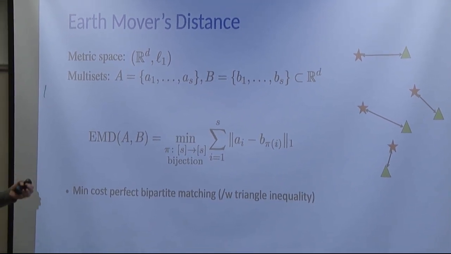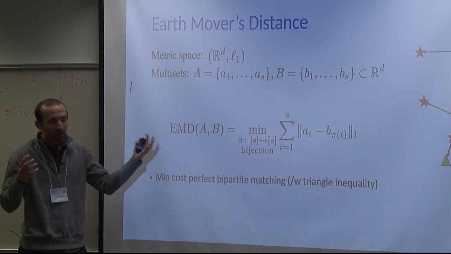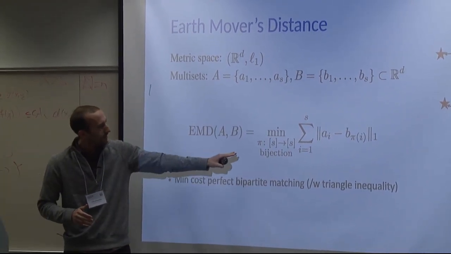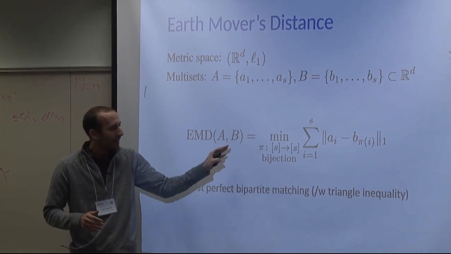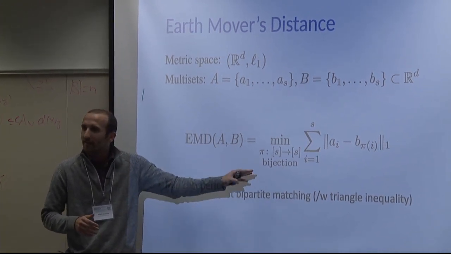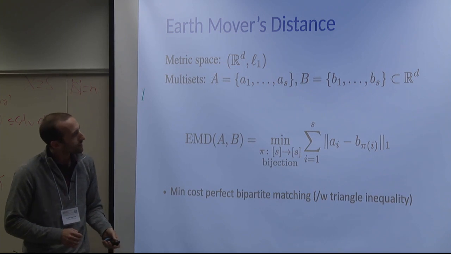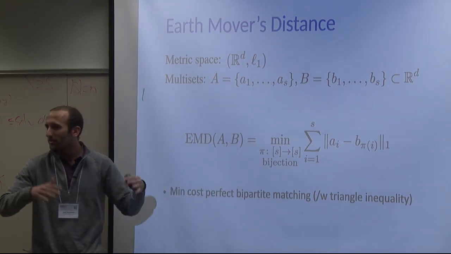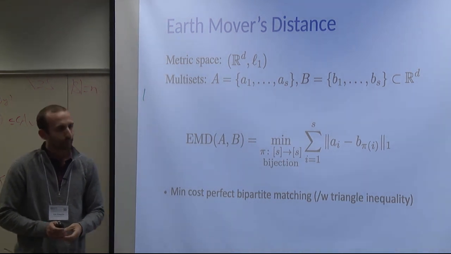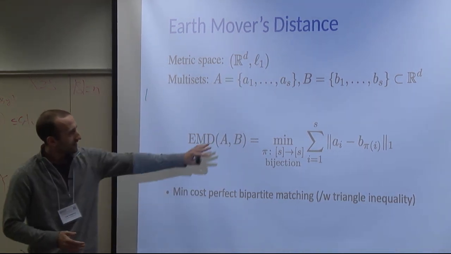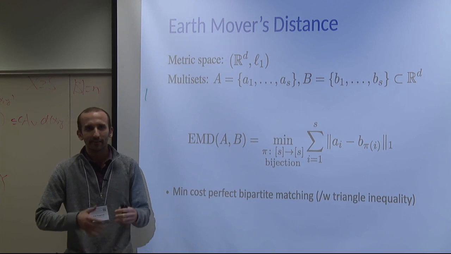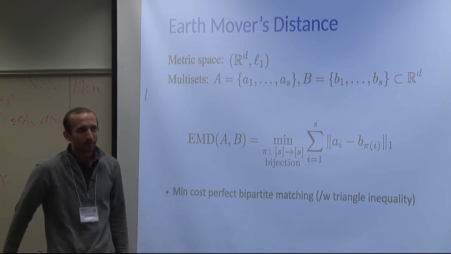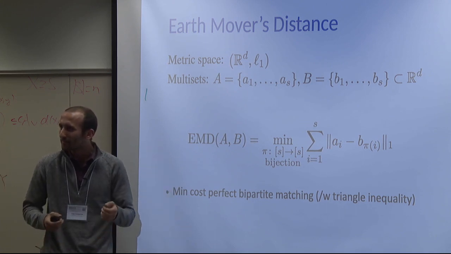And then the Earth mover distance between A and B, both of which are subsets, is the minimum over all bijections, so any way to match the points in A to the points in B, so as to minimize the sum of the L1 distances in the underlying ground metric. So the point is to minimize over all possible bijections. This gives you a way to transfer the earth from A into the holes in B.